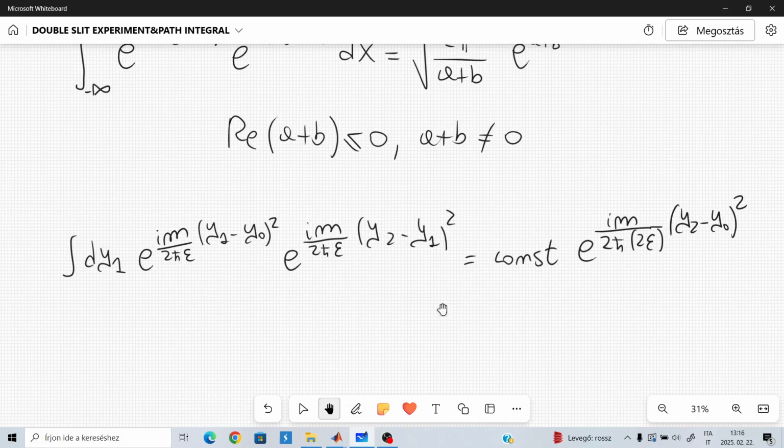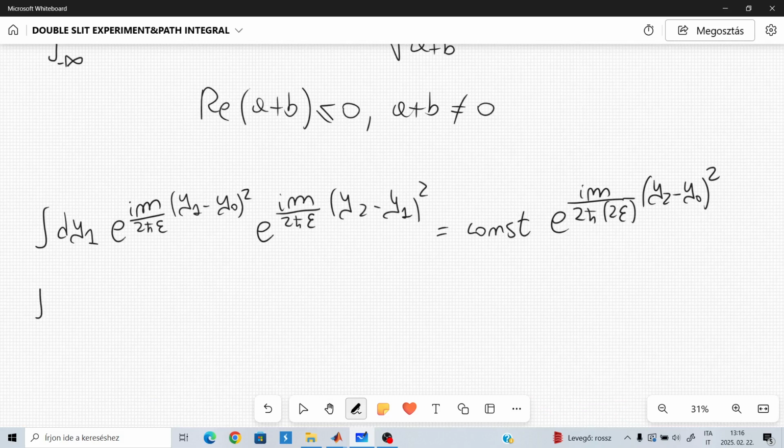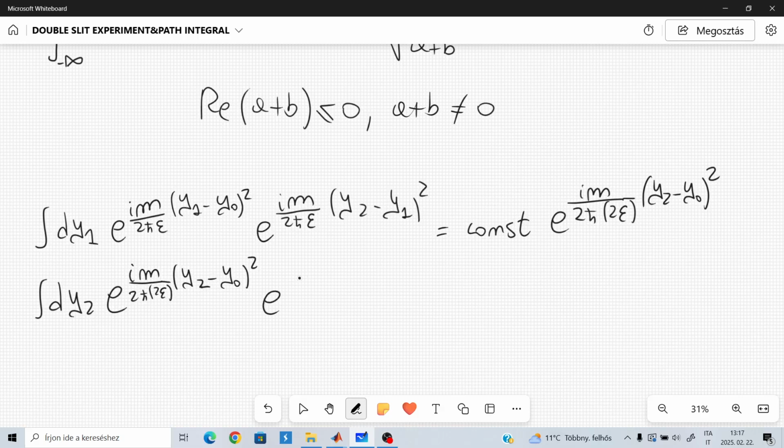And similarly, we can carry out an integral over y2 after integrating over y1. So when we integrate over y2, we get something proportional to this integral here, the integral over y2 of e to the i m divided by 2 h bar times 2 epsilon, y2 minus y0 squared, and then e to the i m divided by 2 h bar epsilon, y3 minus y2 squared.